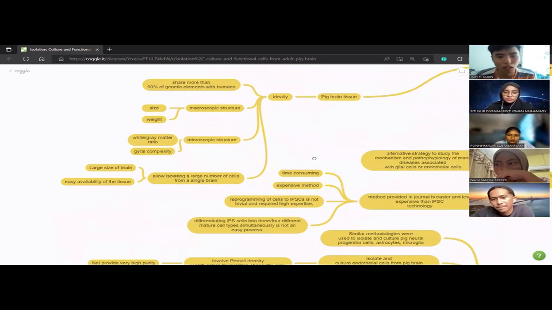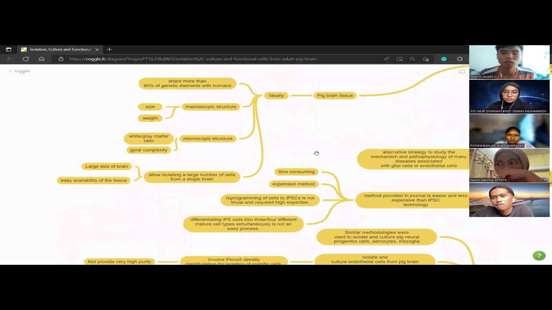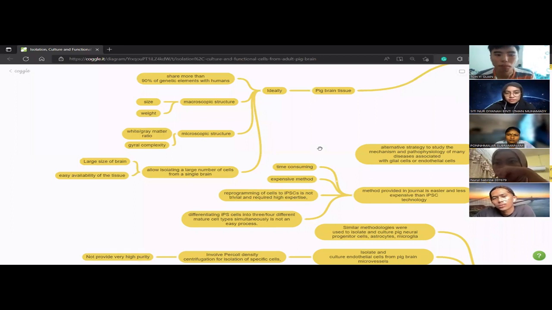Besides that, the pig brain is ideal because it allows isolating a large number of cells from a single brain, because of the large size of the pig brain and the easy availability of the tissue.